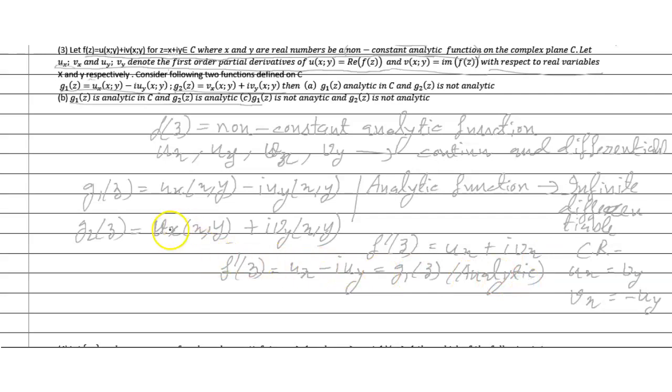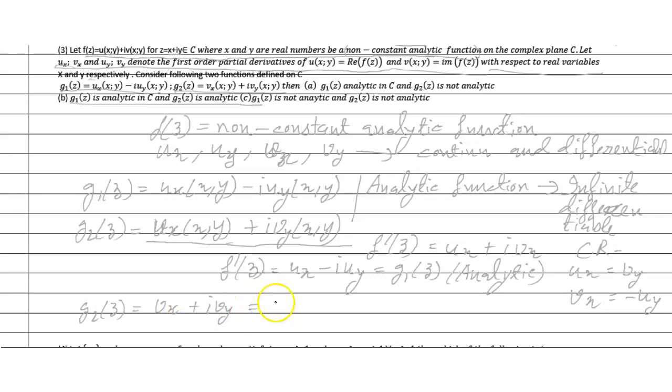But the next problem is, friends, v_x(x, y) and v_y. So whatever you see, g2(z) is equal to v_x plus i v_y.